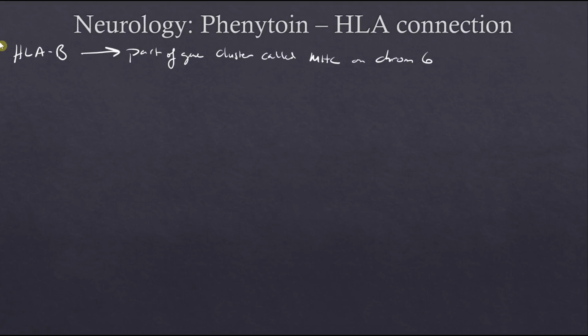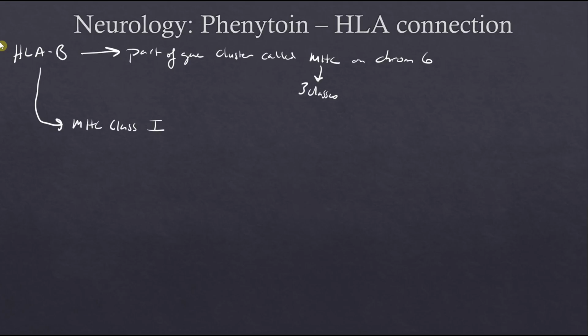So let's go over what the HLA connection is with phenytoin. And so HLA-B is part of a gene cluster called the major histocompatibility complex. And this is found on chromosome 6. And there's actually 3 classes of the major histocompatibility complexes. And so HLA-B is part of MHC class 1.